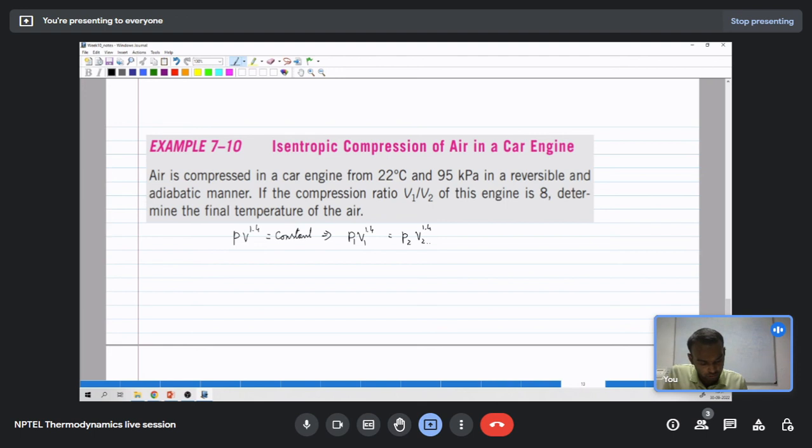So from here we can calculate P2, which is P1 into V1 by V2 power 1.4. Here V1 by V2 is given and P is also given. P is 95 kilopascal into the V1 by V2 ratio, 8 power 1.4. So we can calculate the final pressure.